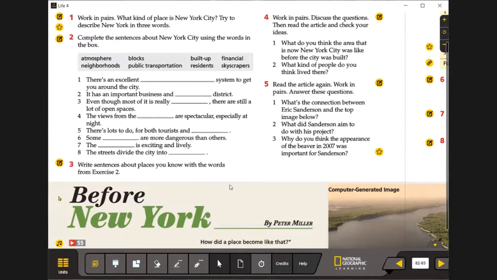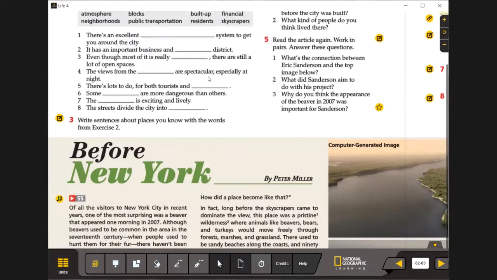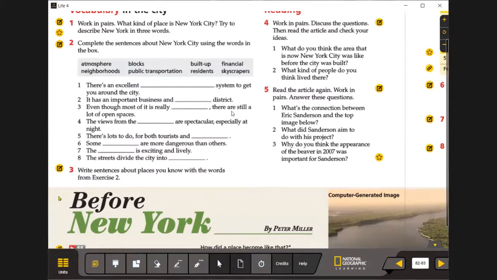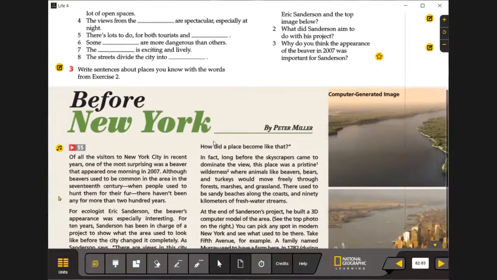If I remember well, we read this passage when you were in level 4. I read it with you, and what we probably didn't answer is this vocabulary. Now, my question is, did I assign this reading to anyone? No. I don't think so, teacher.